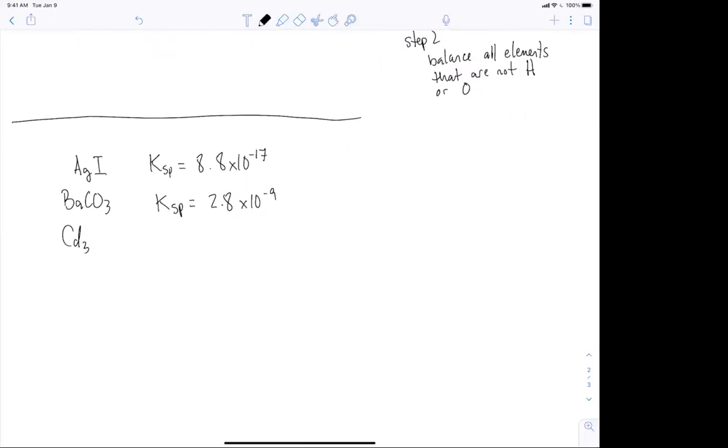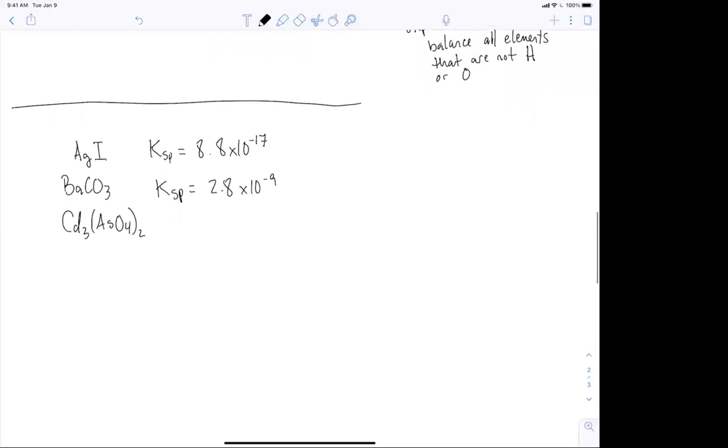I guess what I'm saying is the KSP is a measure of the solubility, but it's really a measure of the equilibrium between the solid and the aqueous components. And so it's a little bit trickier than just looking at the KSPs and assigning it from that.